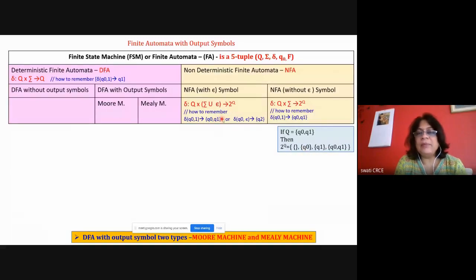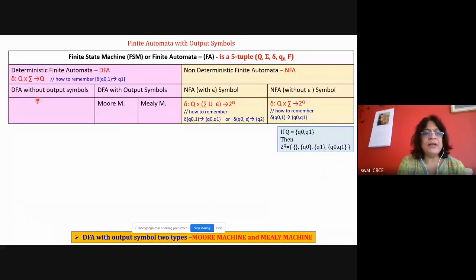When you have any transition with any input symbol, an NFA may go to either Q0 or Q1, or it may not go anywhere, or it may go to all the states. That's why it is 2 raised to Q. So you need to remember this. And NFA without epsilon is Q into sigma mapping to 2 raised to Q. Okay, this was about NFA.